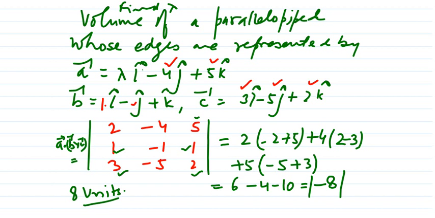So find lambda if the volume of this is 0, or these three vectors are coplanar. So you have to start with A dot B cross C equal to 0, meaning you consider that this scalar triple product is 0 and then find the value of that unknown.